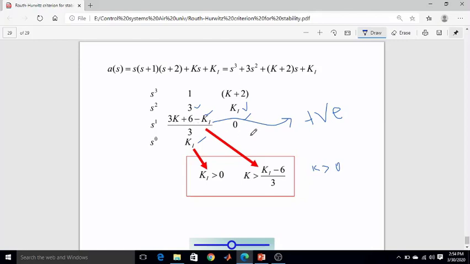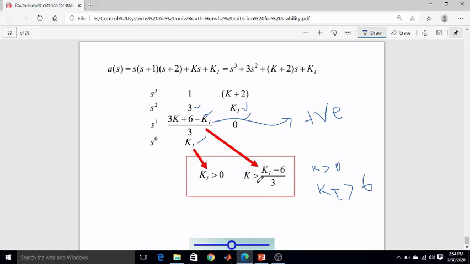This row is going to become 0 0 0, so we'll have an auxiliary polynomial of second degree, and we'll have two imaginary poles.